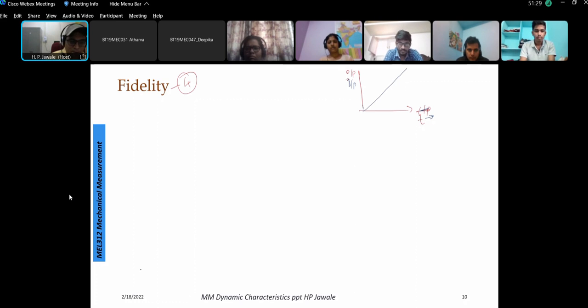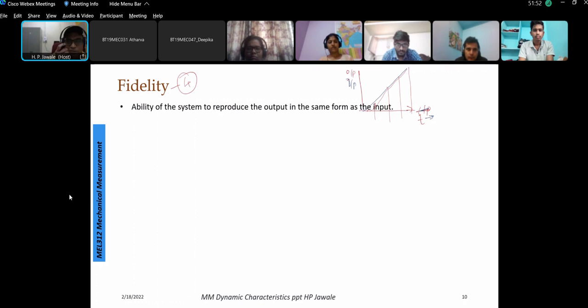The input is changing with respect to time, and the instrument takes time to capture it, something like this, coming closer to that. Now you see, for the interval of time, the response gives some different behavior, right? In such a condition, it is about the ability of the system to reproduce the output. My input is in blue color, and the output is shown by a different color. Now, how closely is the input reproduced at the display of the device or the measurement system?